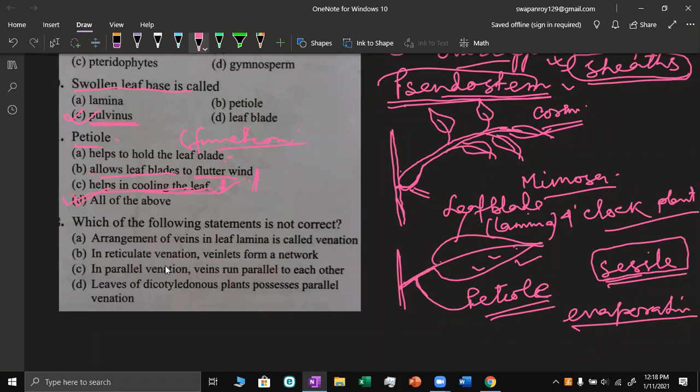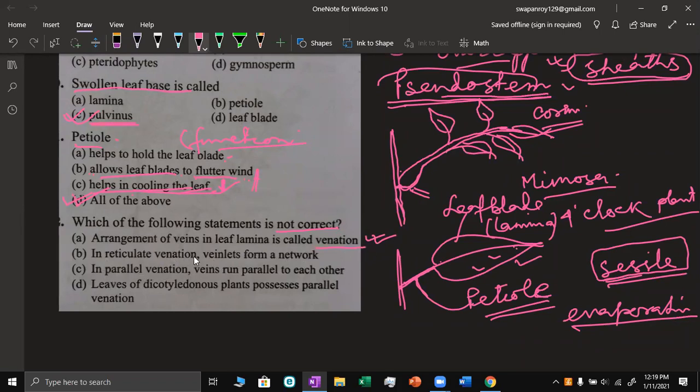Next one, which of the following statements is not correct? The arrangement of veins in the leaf lamina is called venation. This is the definition of leaf venation, that is, the arrangement of veins in the leaf.